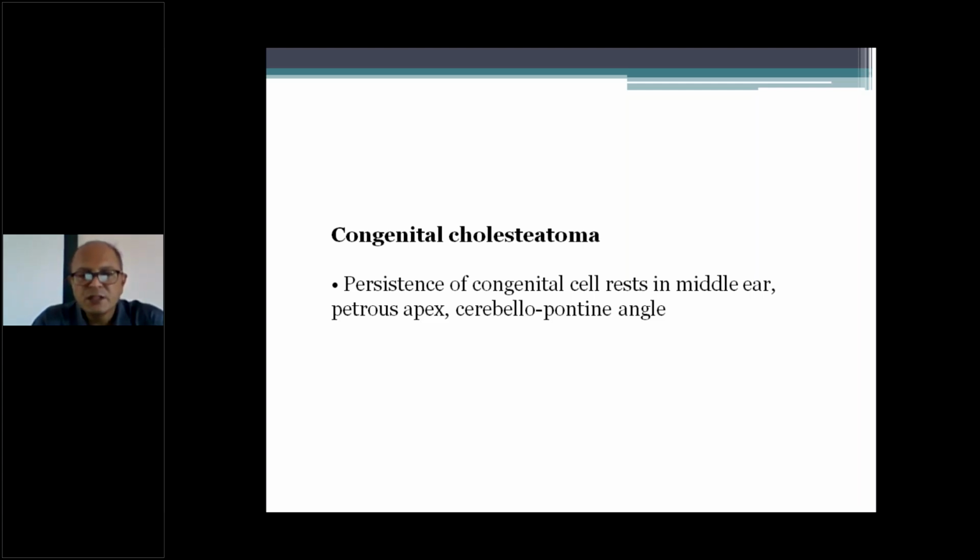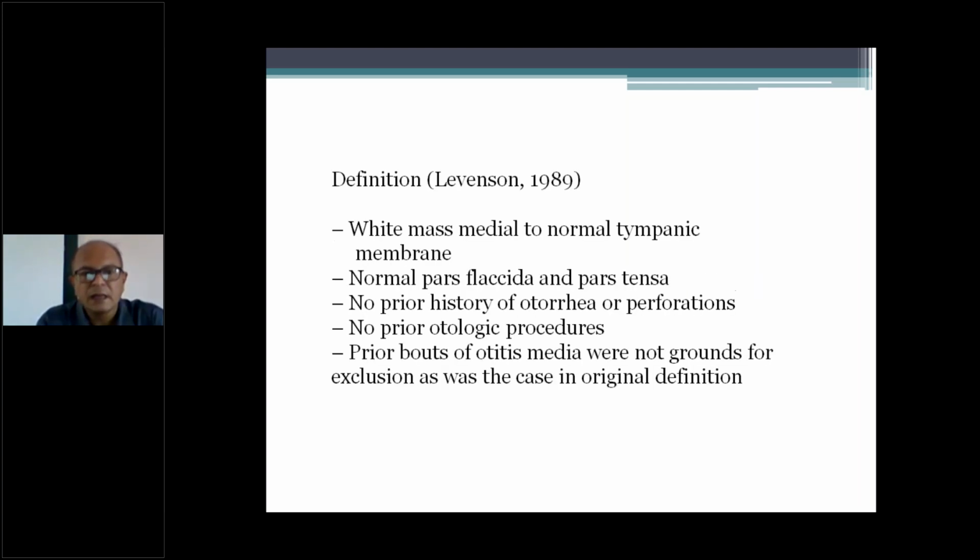So there is no previous history of ear discharge, and there is a criteria which goes by the name of Levinson criteria, and this defines that congenital cholesteatoma should fulfill all the following criteria. One is a white mass medial to a normal tympanic membrane, and pars flaccida and pars tensa should be absolutely normal, and there should be no prior history of otorrhea or perforation, no prior otologic procedures.